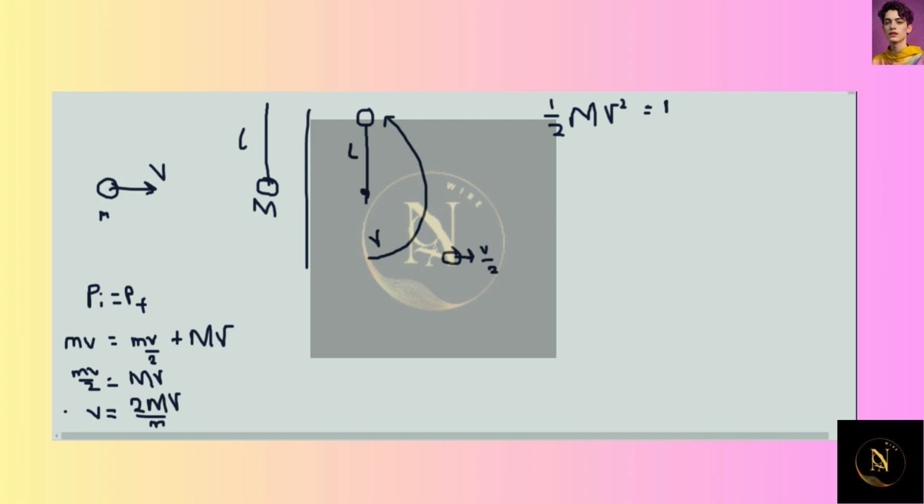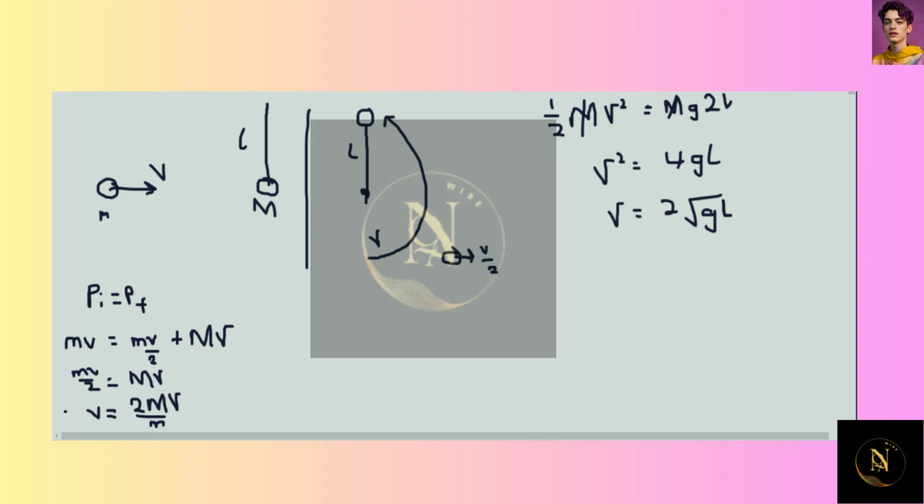So this is going to be equal to mass times gravity, again, times 2L. So we can go ahead and cancel the masses here, and we can find that V squared is actually equal to 4gL. Right, so now we know that big V is actually just equal to 2 square root of gL.